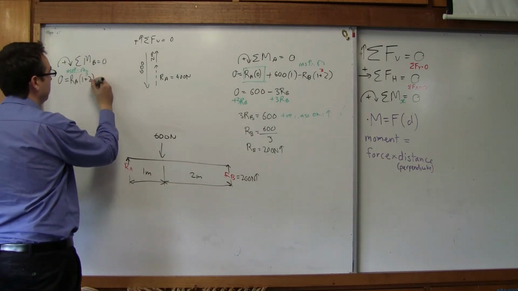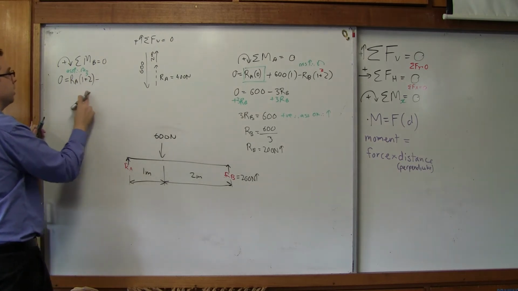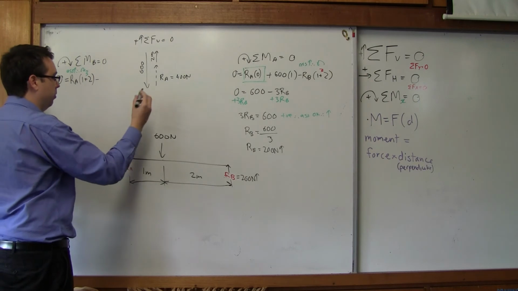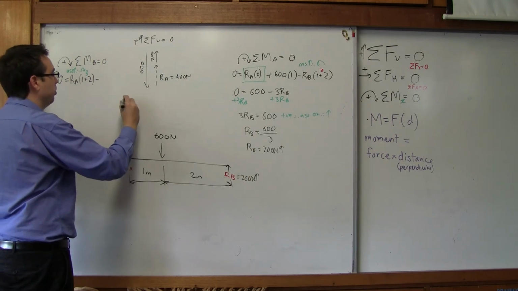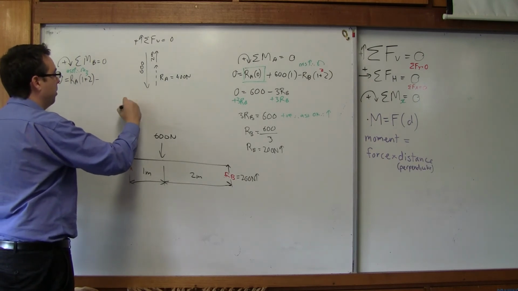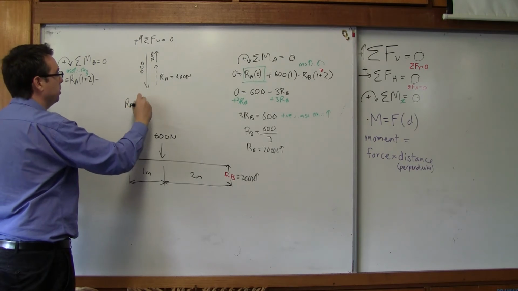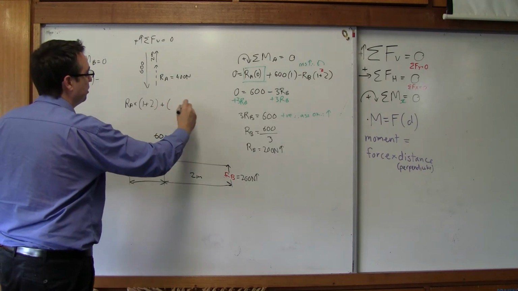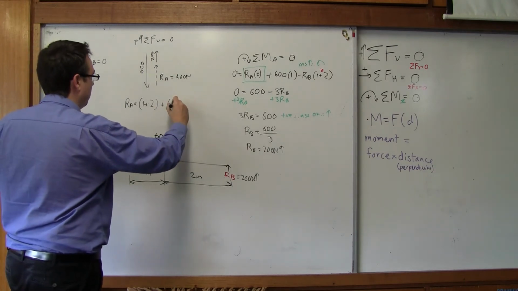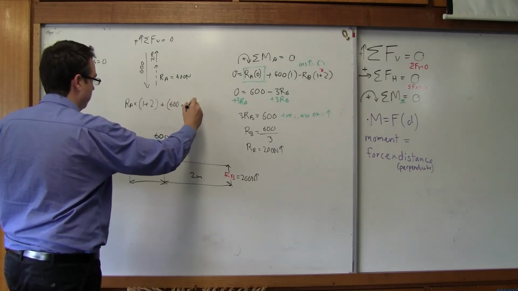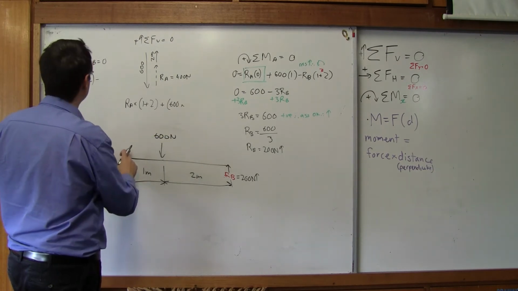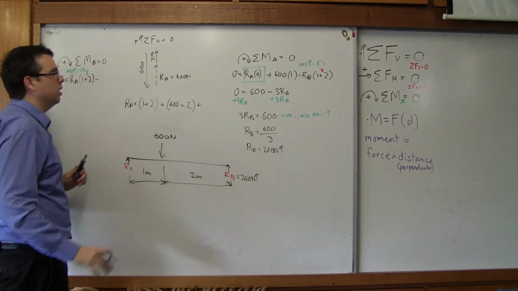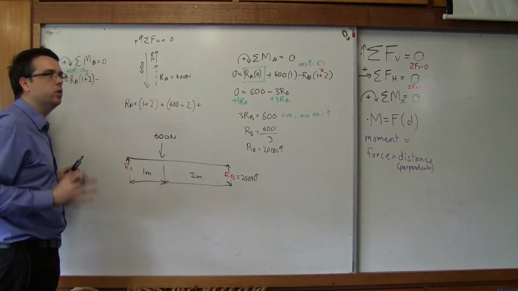By writing it with brackets like this, what I see is, when I mark other people's work, lots and lots of students write RA times brackets 1 plus 2, and then plus brackets 600 times the distance measured from B. The thing is, brackets already give you the times.